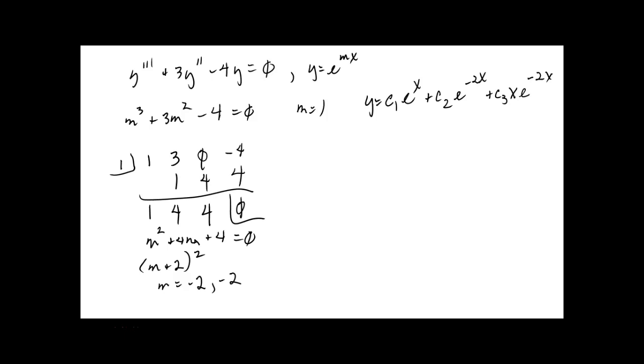There's your general solution. Make sense? So y is equal to C1 e to the x plus C2 e to the minus 2x plus C3 x e to the minus 2x. I can't get that said right.